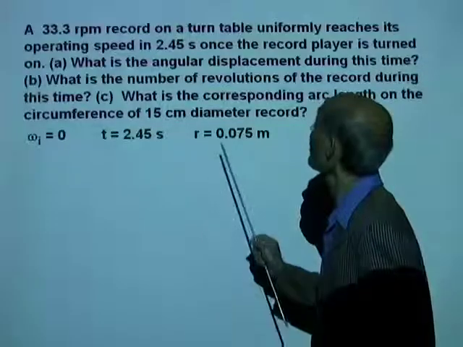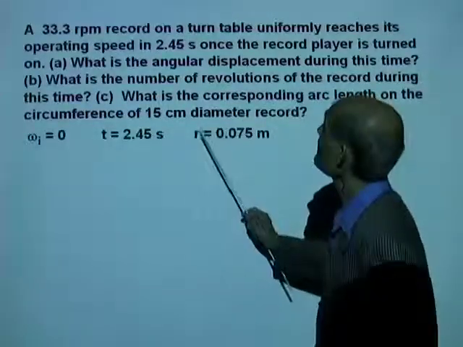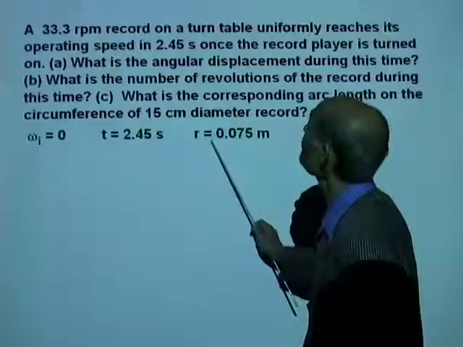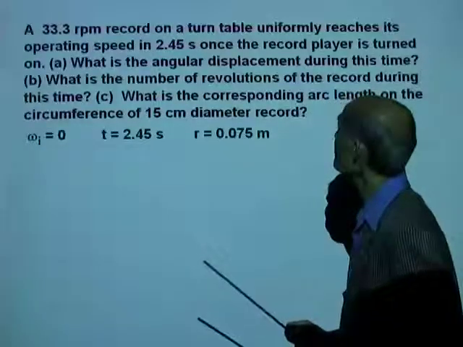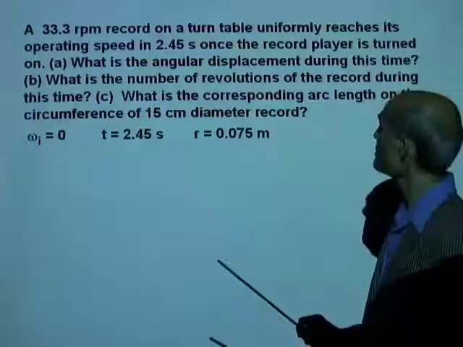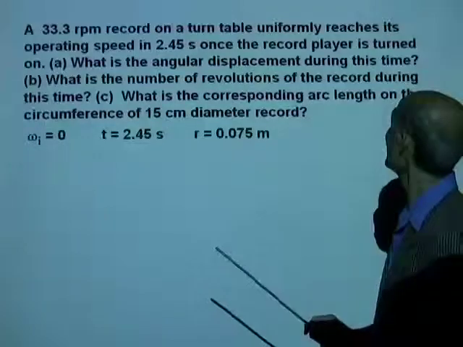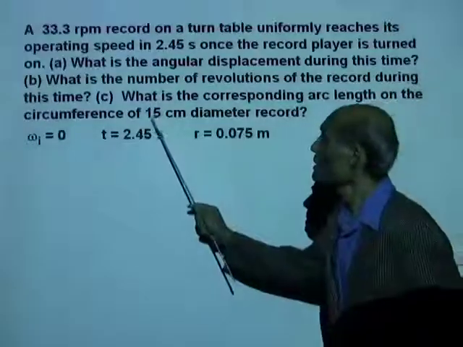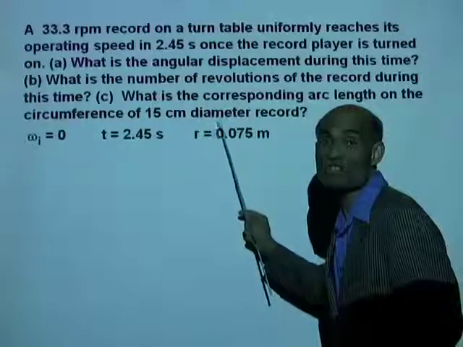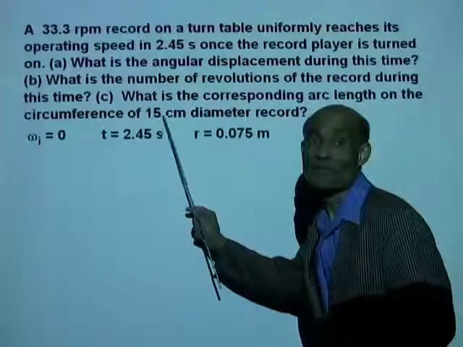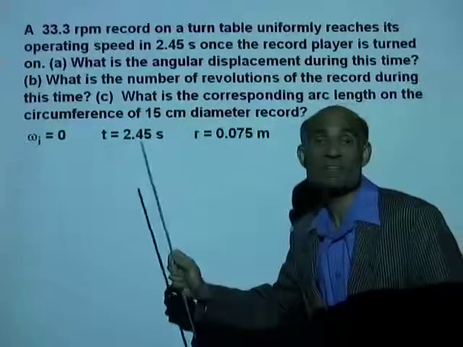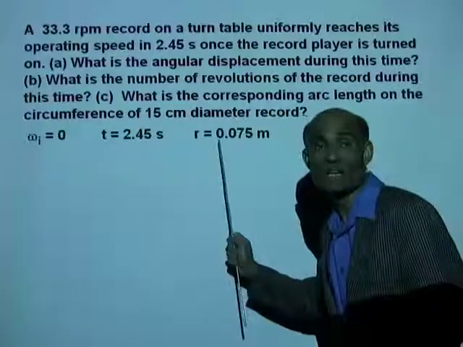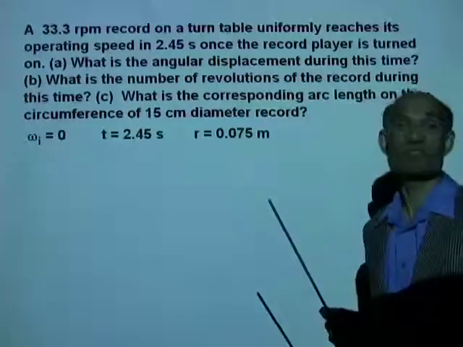The radius of the disk is 0.075 meter. Is that right? Yes. 15 centimeter is the diameter. That means its radius is 7.5 centimeter, which is 0.075 meter.